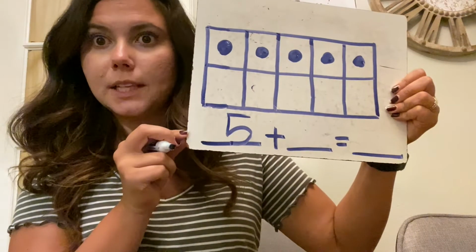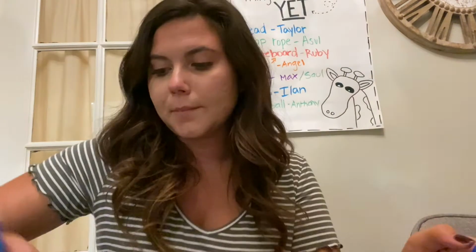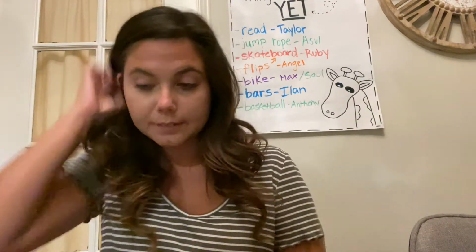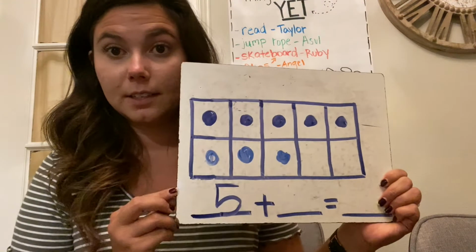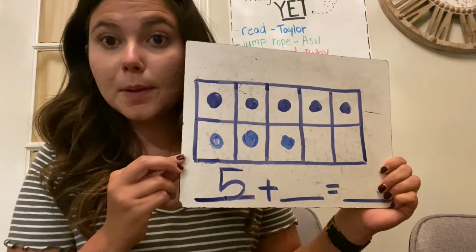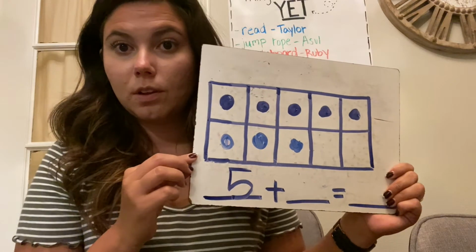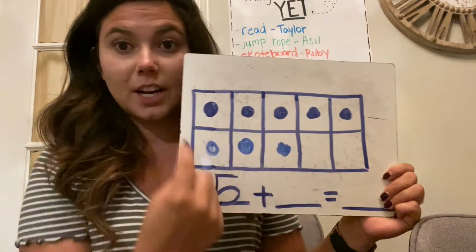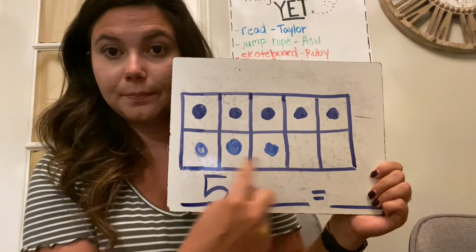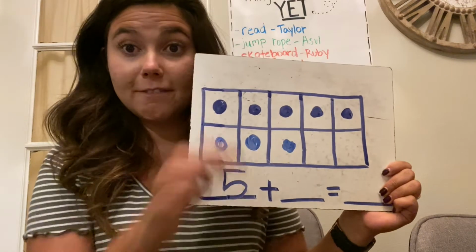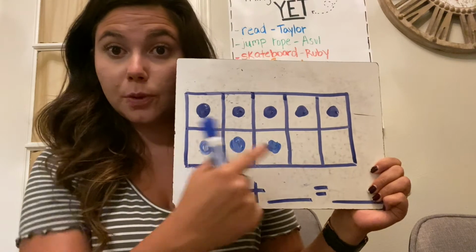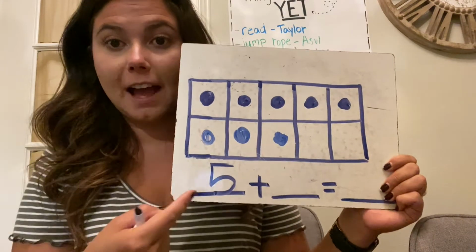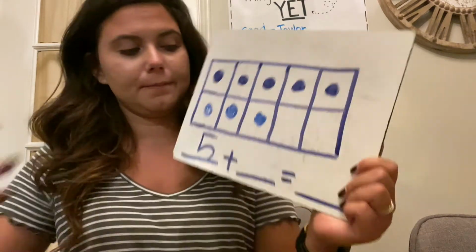5 plus, okay, 5 plus this many. How many did I add? How many more do we have now? Not all together. How many did I add? Yeah, we have 5 dark blue and now 3, 1, 2, 3 light blue. 5 plus 3.